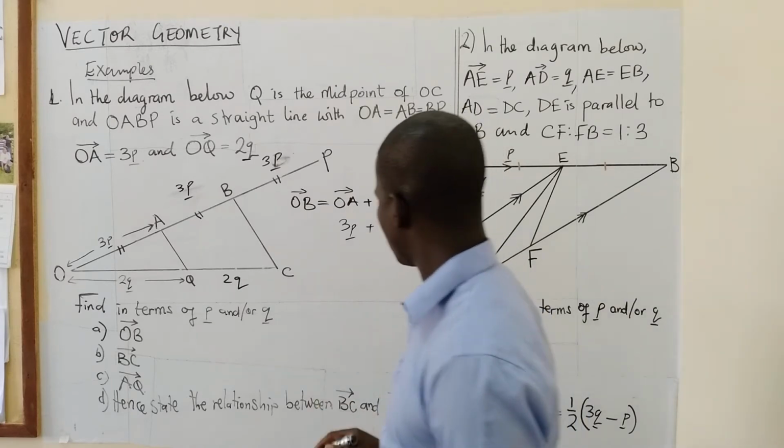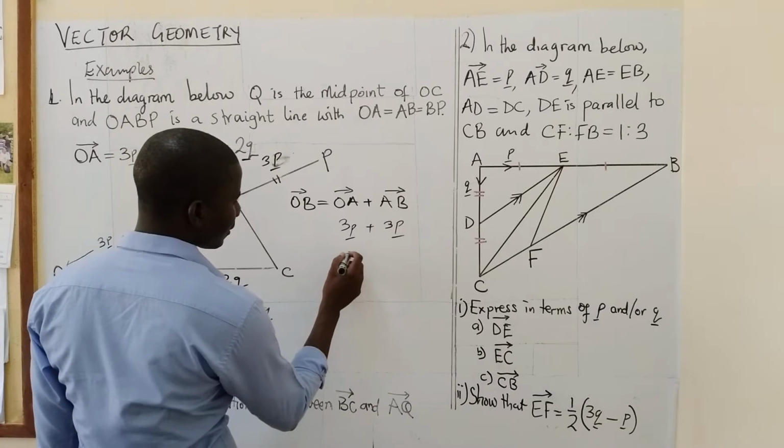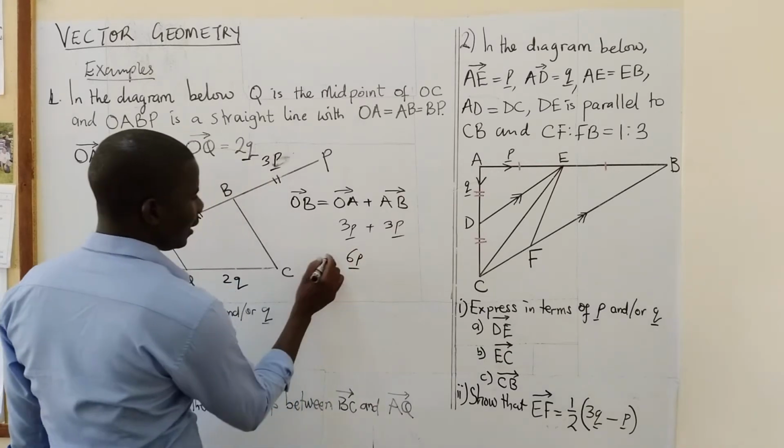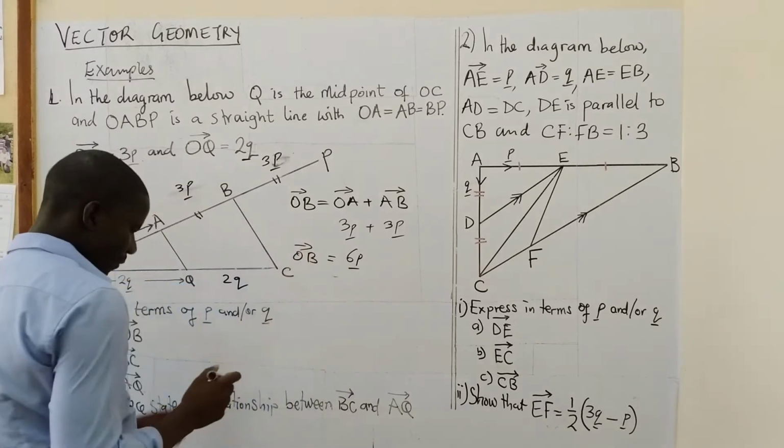So when we add these two, we are getting 6P. So this is our OB for the first one.